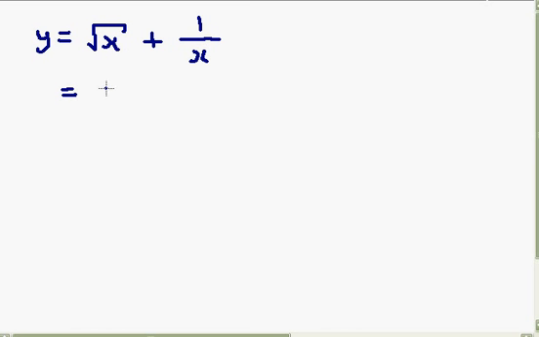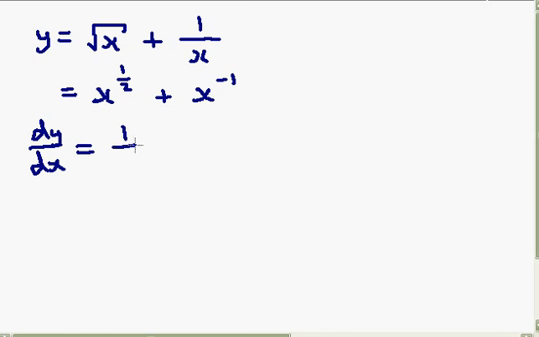So remember that square root of x is x to the half, and 1 over x is x to the minus 1. So now we're able to find dy by dx. So we get 1/2 x to the minus a half, and for this x to the minus 1, the minus 1 comes down to the front, and I take 1 off the power.